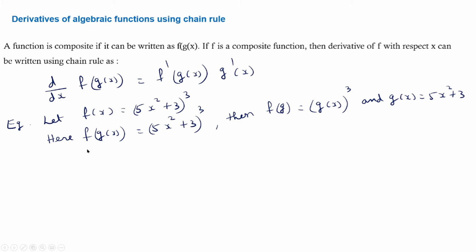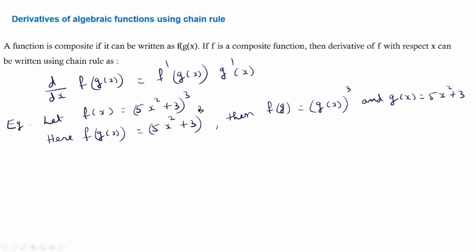So here we can see that 5x square plus 3 the whole cube is a composite function of f and g, where f of g is g of x the whole cube and g of x is 5x square plus 3.